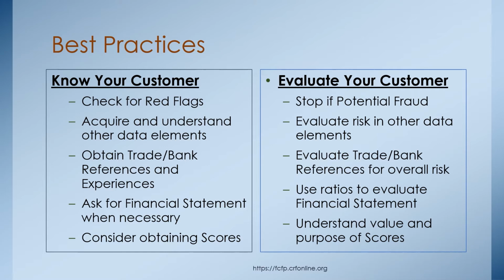Once you know that you are dealing with a legitimate company, then you need to acquire and understand other data elements from this business that wants to obtain from you unsecured open book credit. The kinds of things that you should understand here is who owns the business? Who runs the business? Are they different than the owners? What is the line of business of this company?